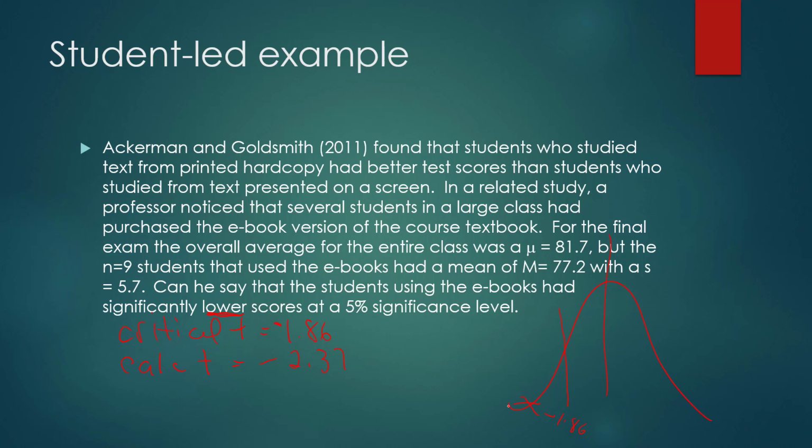Negative 2.37, way out here again. So again, we're going to reject the null. And you can say that students that used the ebooks had significantly lower test scores than the rest of the class.